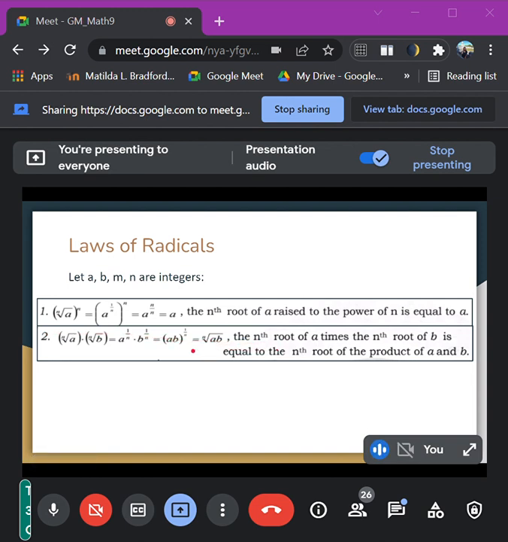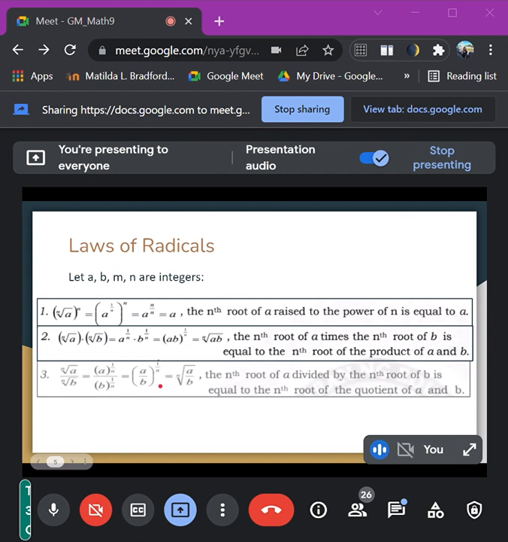Okay? So you can have the nth root of ab. So the nth root of a times the nth root of b is equal to the nth root of the product of a and b. So same man gihapon ang index and same iyahang pag-change sa fractional exponent. So you can just simply combine since multiplication man ang operation. That's for the second one.